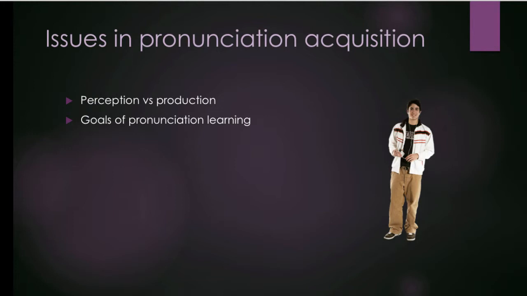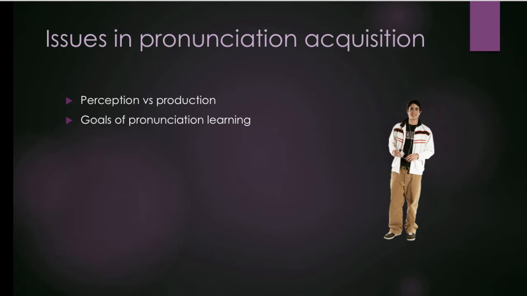So that's a bit of an issue, particularly in the case of languages that are used for international communication. Languages such as English, perhaps Spanish, perhaps French, that are used widely by people who don't speak the language as a first language. So the idea of intelligibility is quite poisonous, I would say, almost.